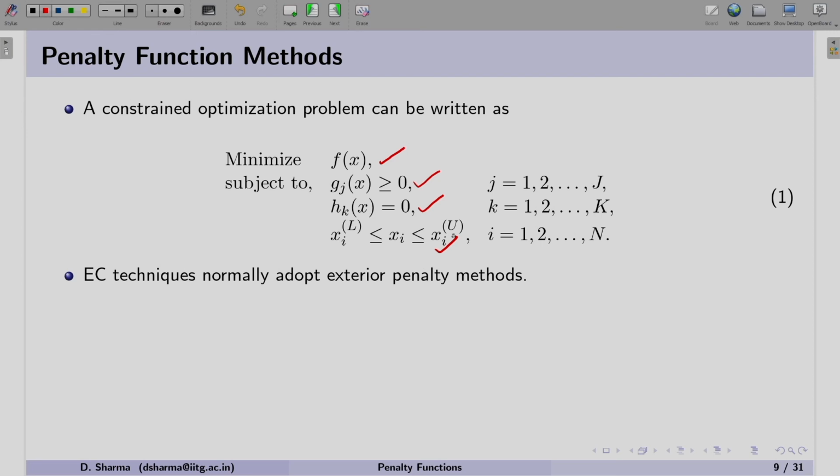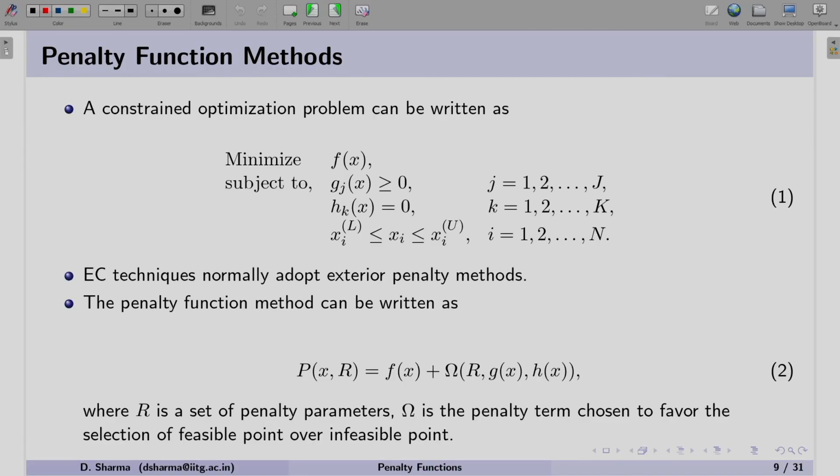Why? Because as we refer to our first figure, when we are using multiple solutions, some solutions can be feasible and some solutions can be infeasible. So in order to identify them and give a fitness to them, we need a penalty function method. So for us, in EC techniques, we need exterior penalty methods.